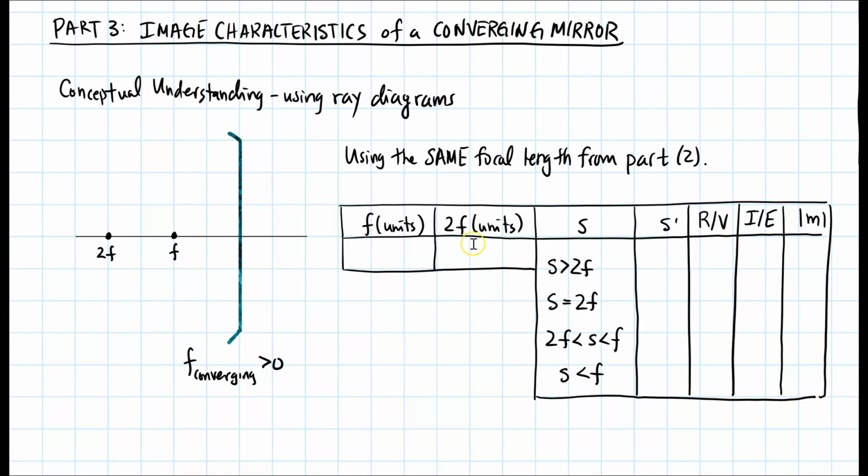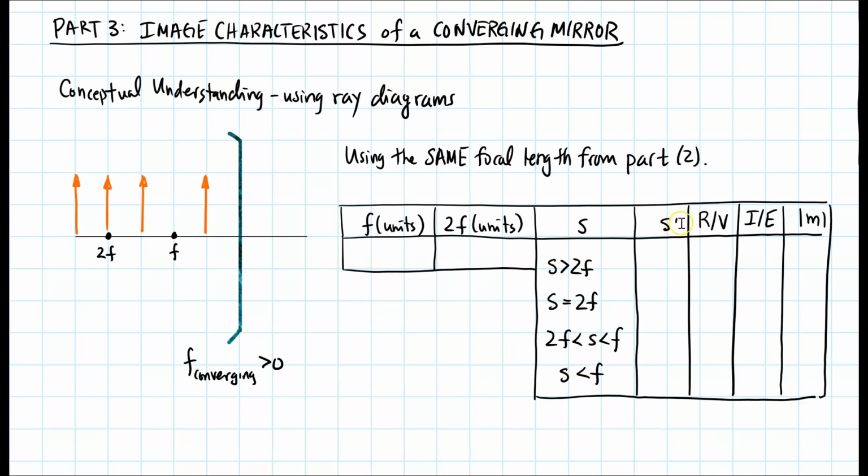Now, when you look over here to the right, I'm not looking for numerical values for S. If I start with an object outside of 2F, I look at this location and draw a ray diagram for this. Then I move my object to my 2F spot, then in between, and then inside the focal point.